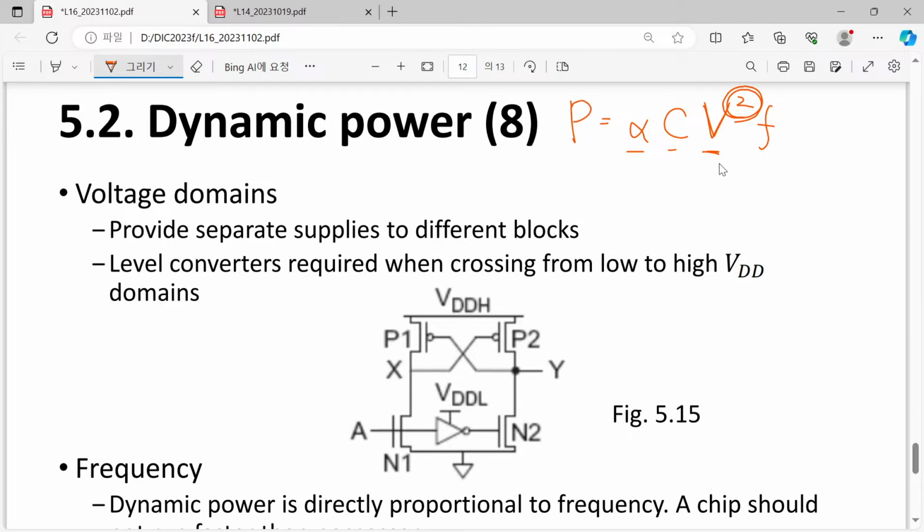Therefore, if we change our applied voltage slightly, it will contribute to our power consumption quite a lot. Historically, the voltage has been reduced continuously, originally starting from 5 volt. It has been reduced quite a lot, and nowadays its value is about 0.7 volt.